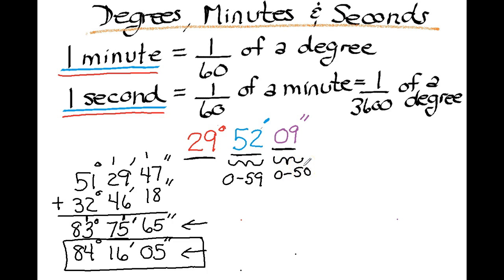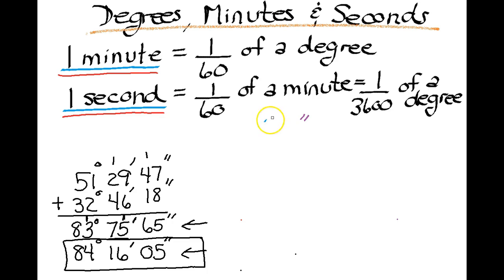So let's do one where we're going to subtract. Let me go ahead and erase this example here so we can fit it on the page. We are going to subtract from 90 degrees 73 degrees, 12 minutes, and 37 seconds.